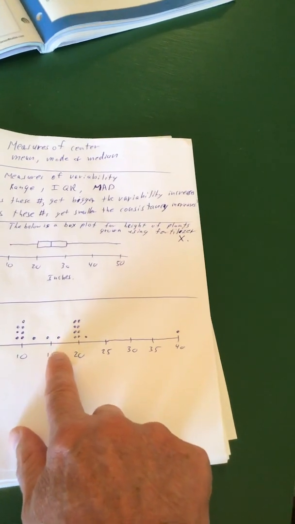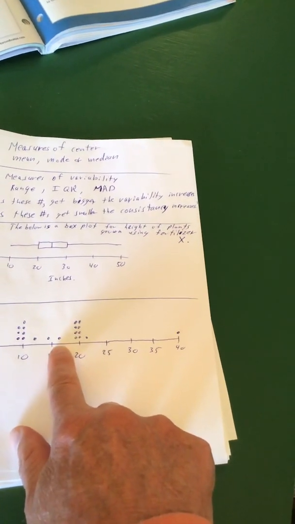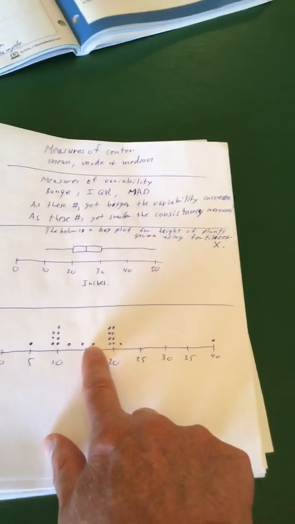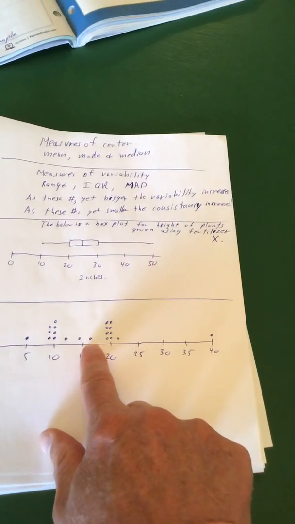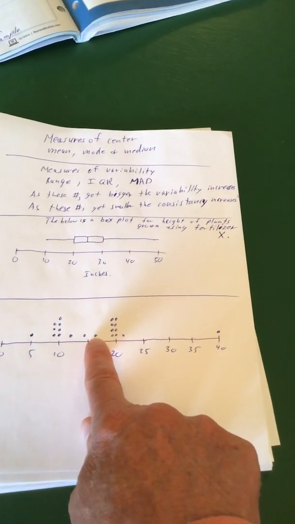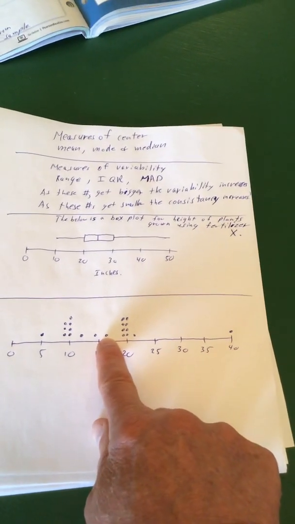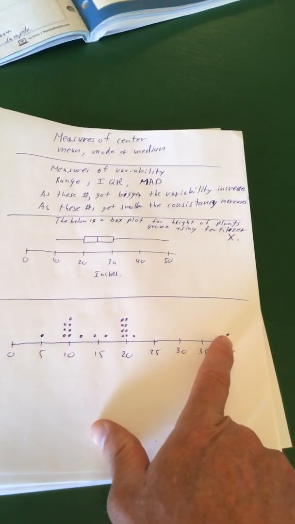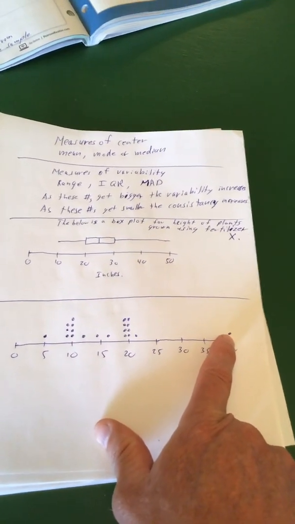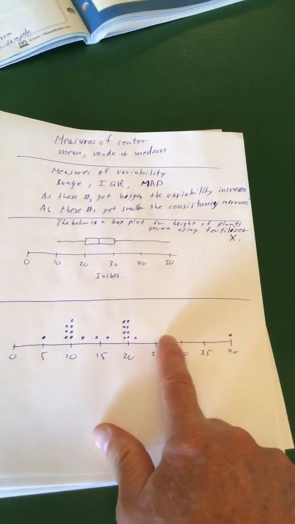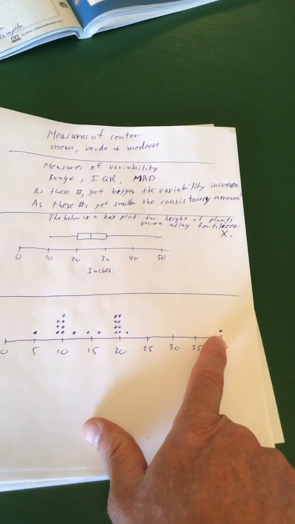This dot right here is in the middle. That's at about 16 or 17. The median is about 16 or 17. And that would be your best measure of center, because this number way out here has a name. It's called an outlier, because it's way away from all the other numbers.